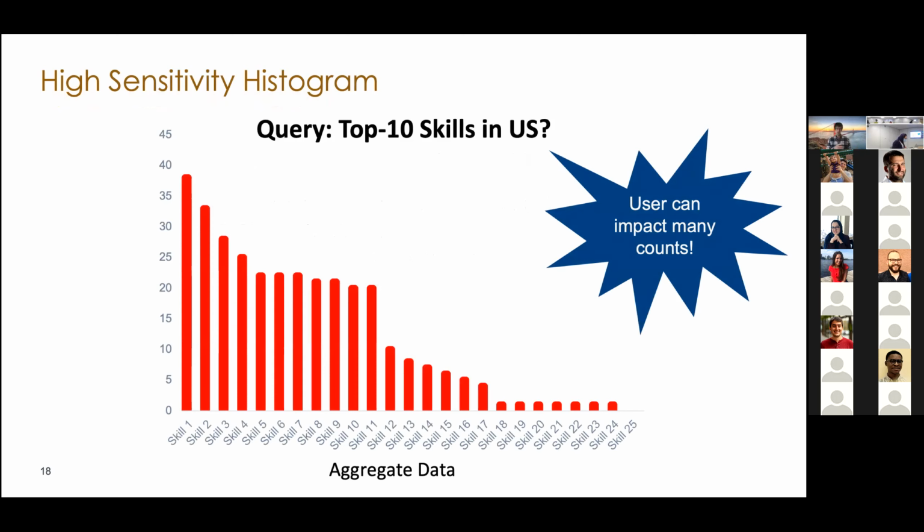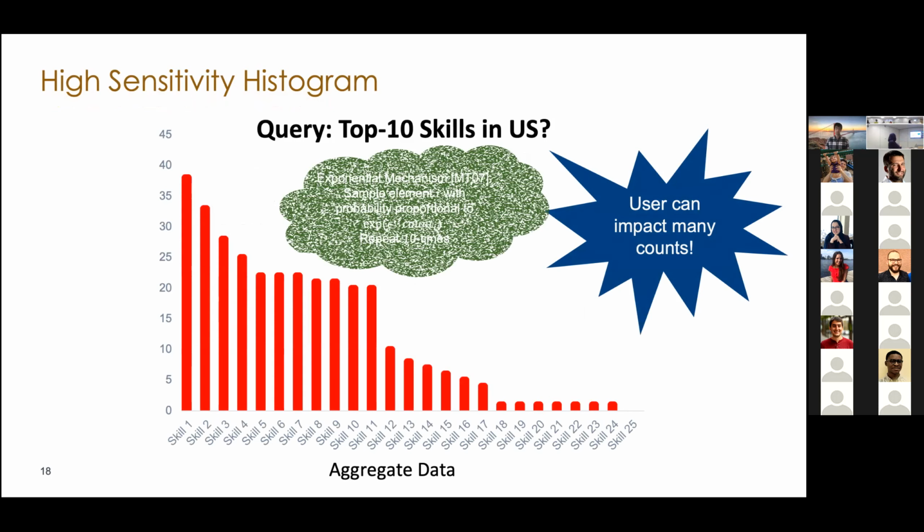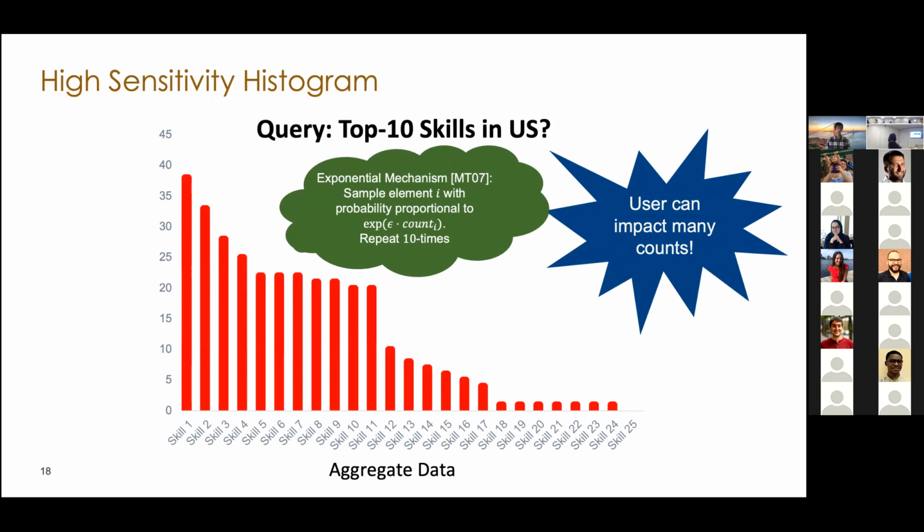So if we instead run the query, like what are the top 10 skills in the US, then we can have privacy that will only depend on the number of things that are returned. We can do that by implementing the exponential mechanism from McSherry and Talwar in 2007.